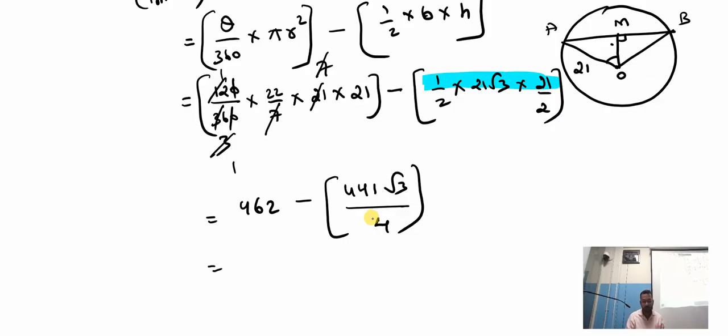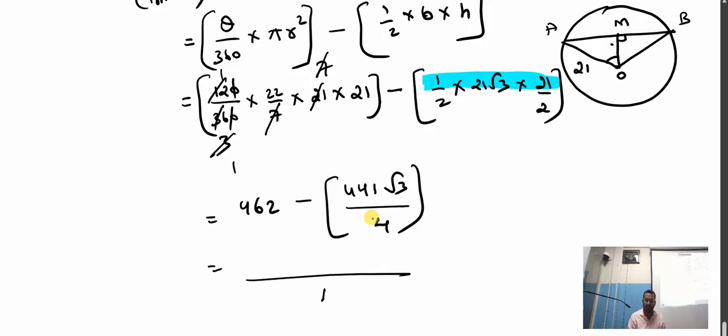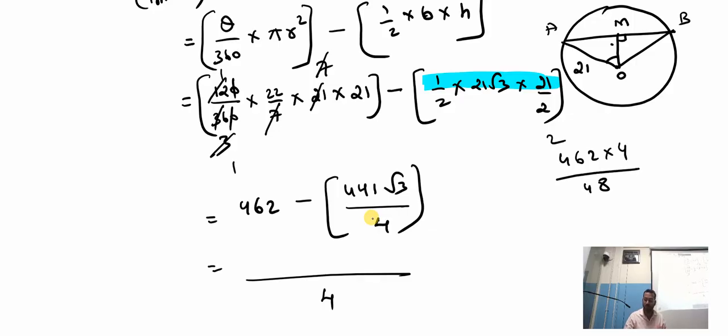Can we take the LCM? Simple step. Take LCM 4. 462 into 4: 4 2s are 8, 4 6s are 24, 4 4s are 16 plus 2, 18. That is 1848 minus 441 root 3.